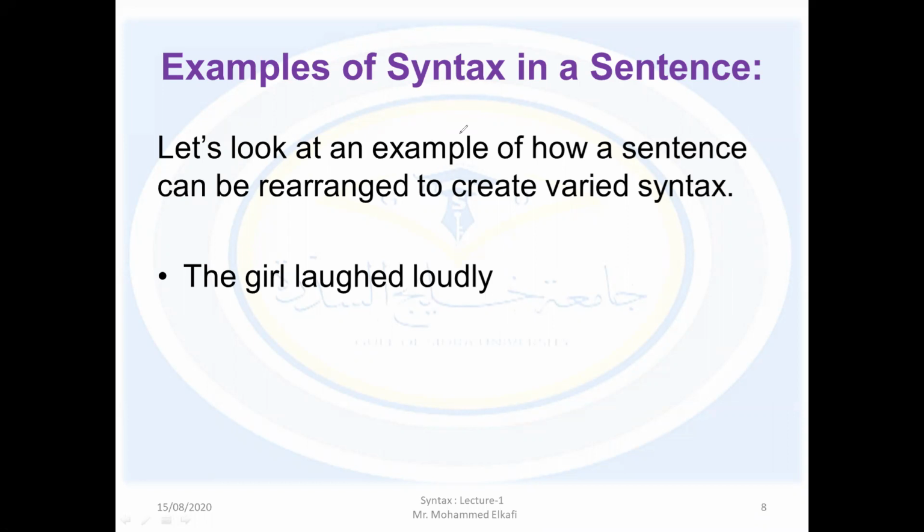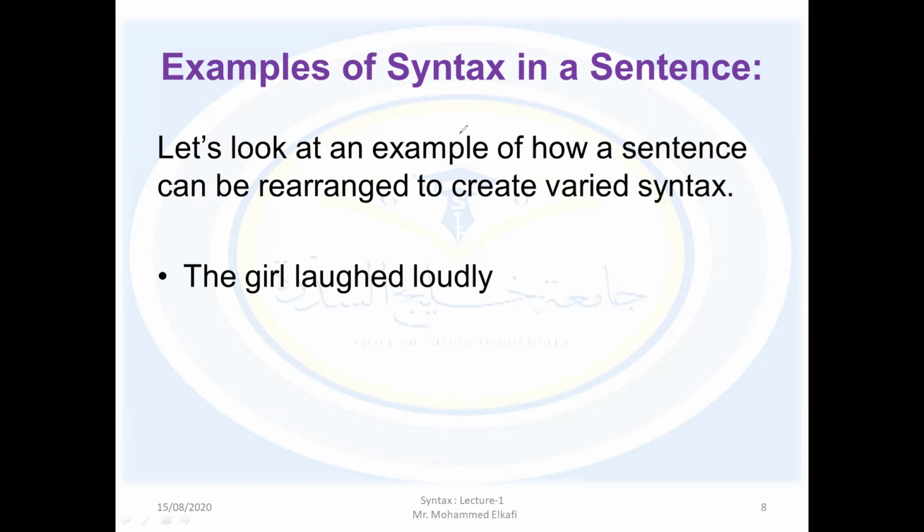Here we have three main components, in case we think of phrases. We have the girl, which is a noun phrase. Then we'll find a verb phrase, which includes laughed and an adverb.